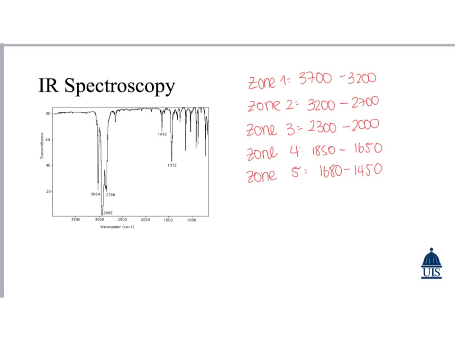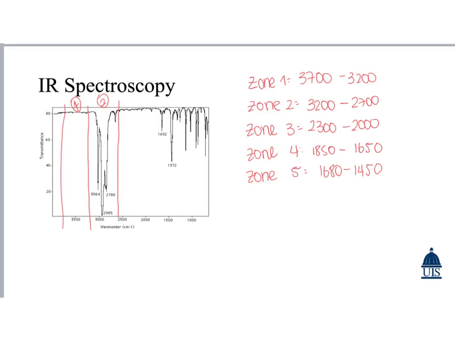The first step to analyze IR spectrometry is identifying the 5 different zones. Zone 1, as you can see, is from 3700 to 3200. In this case, we don't see any important peaks going on. Then we look at zone 2 from 3200 to 2700. So right above here, there are interesting peaks going on.